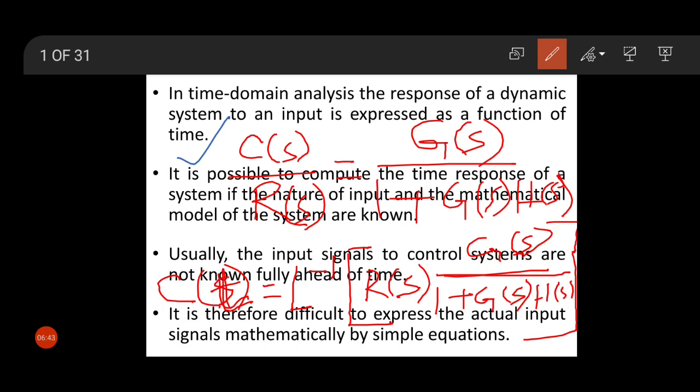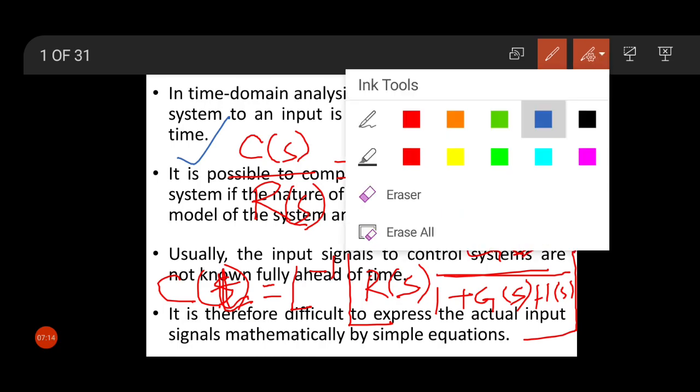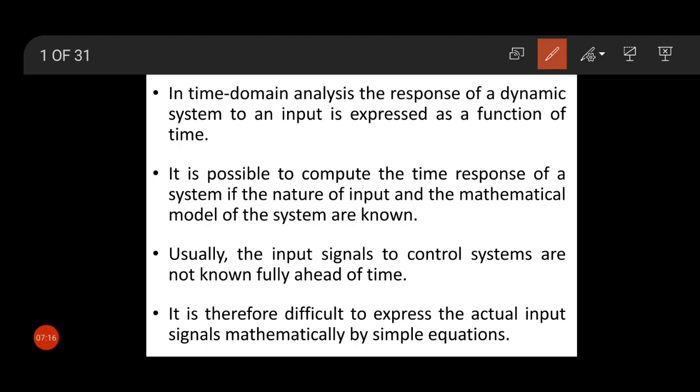For this we take the inverse Laplace transform on both sides of C(s). After the inverse Laplace transform, C(s) becomes c(t), and c(t) is equivalent to the inverse Laplace transform of R(s) into G(s) divided by 1 plus G(s) H(s). This way we will get the time response of the system.